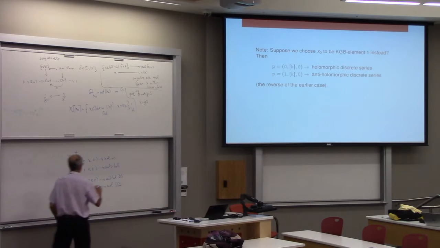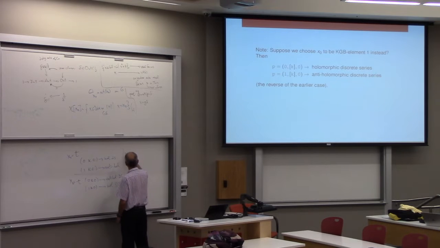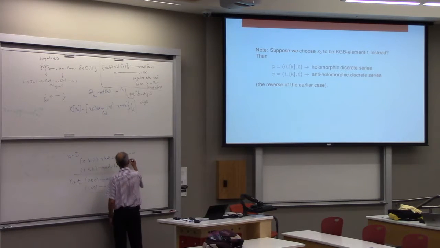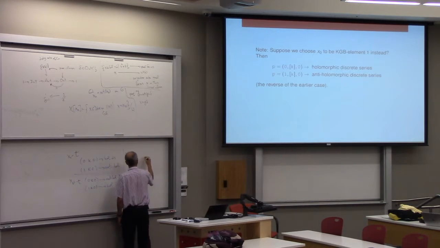So you're right. You could have chosen x naught to be w, and then this parameter, let's say 0 nu, is giving you the sign of x times the absolute value of x to the nu. And what is this parameter? Then you've got 0k0 and 1k0.